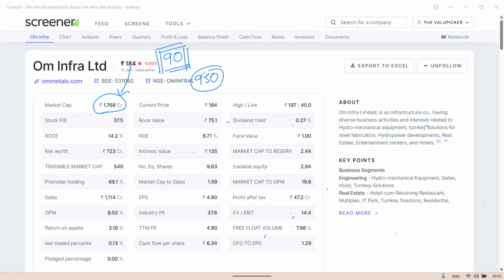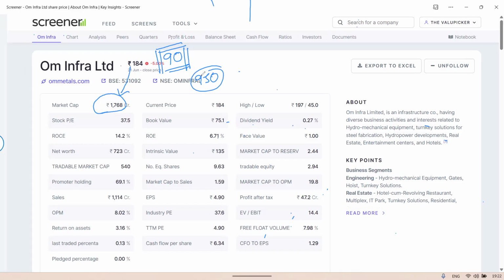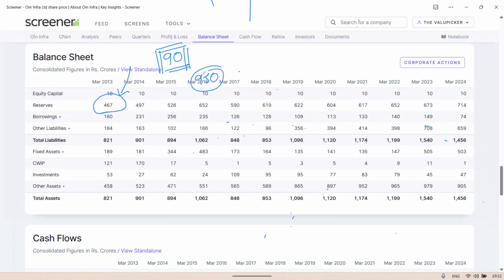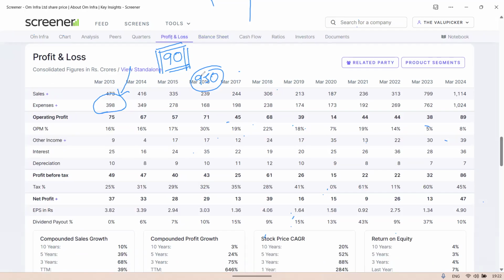Now look at the business. 950 crore market cap, getting a reserve of 700, let's take 700, and profit of 47.